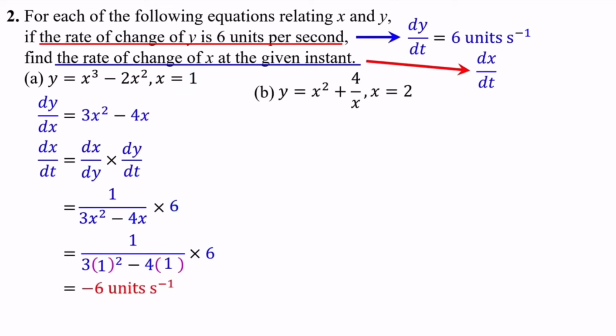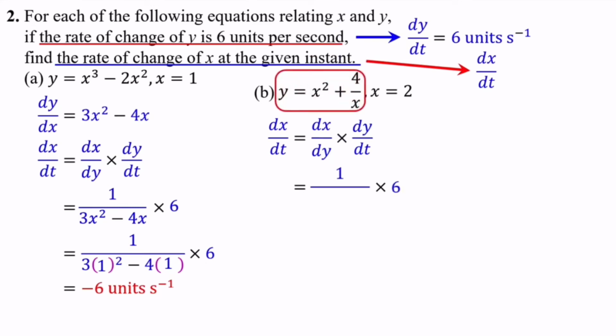So let's see part B. In B, we have y equal to x squared minus 4x, right? So basically we will write dy/dt there, that's the chain rule, and then let's find the dy/dx for B. So dy/dx is actually 2x minus 4, okay, so let's substitute the 6 first. Now we want to find the dx/dy, which is 1 over, okay, let's differentiate this.